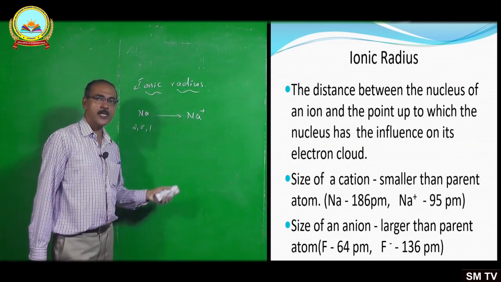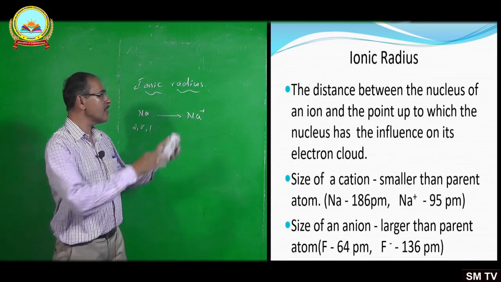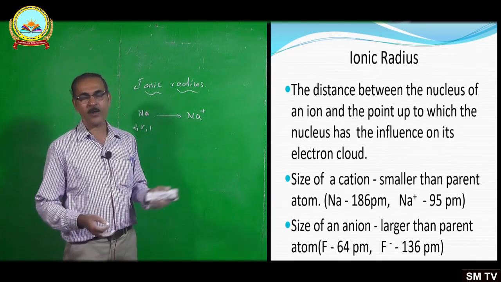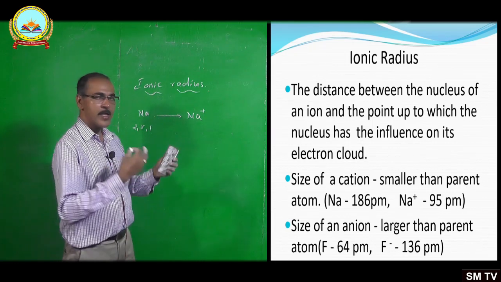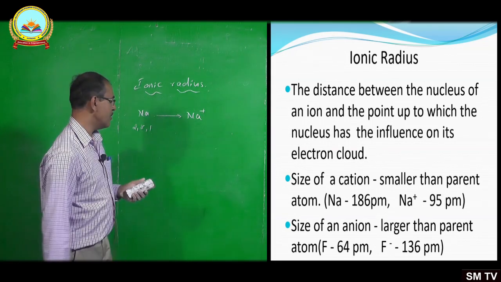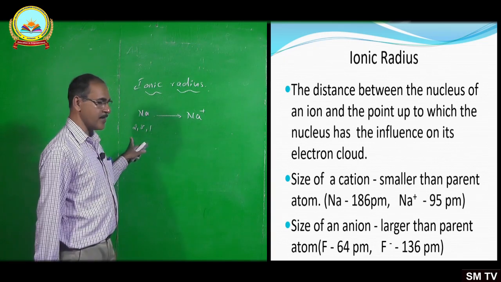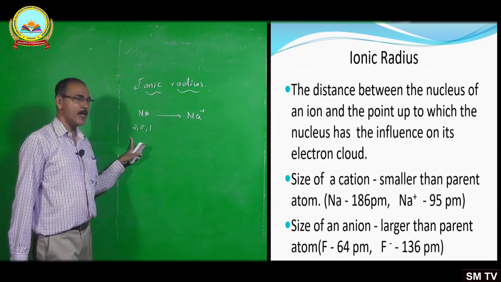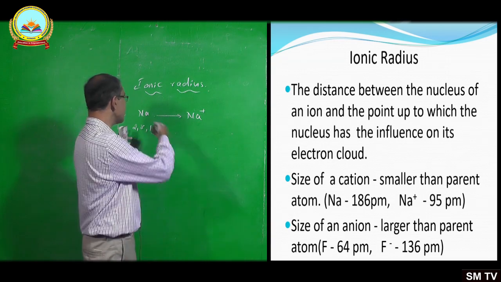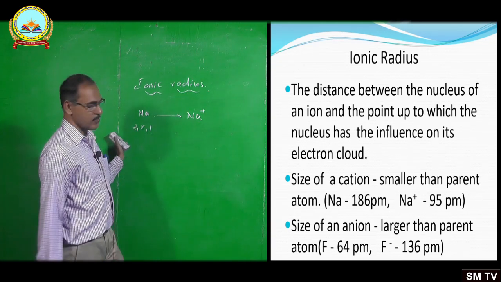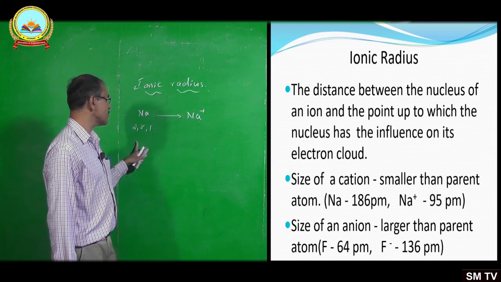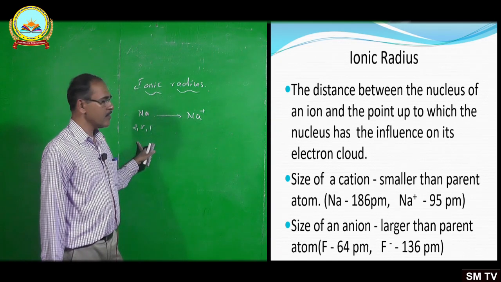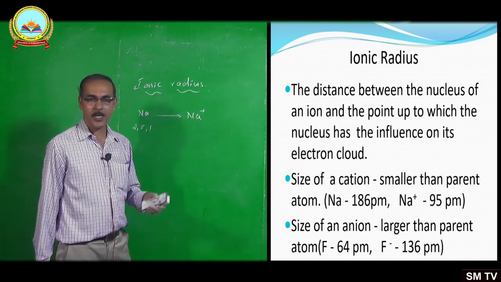All the elements try to have the stable inert gas configuration. They are monoatomic. So they try to have 8 electrons in the valence shell, that is called the octet. In other words, they try to have the nearest inert gas configuration. For sodium, atomic number 11, the nearest inert gas configuration is neon, atomic number 10.